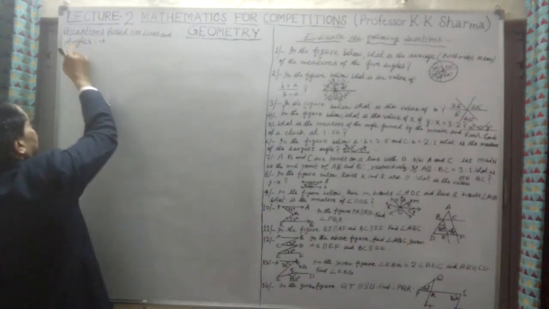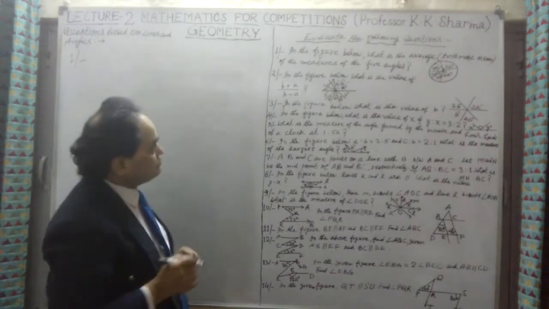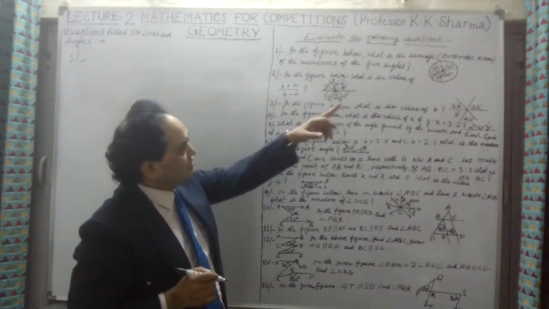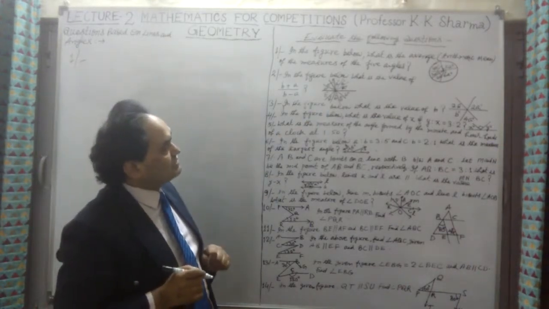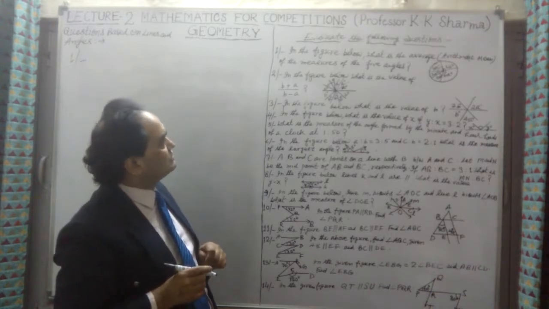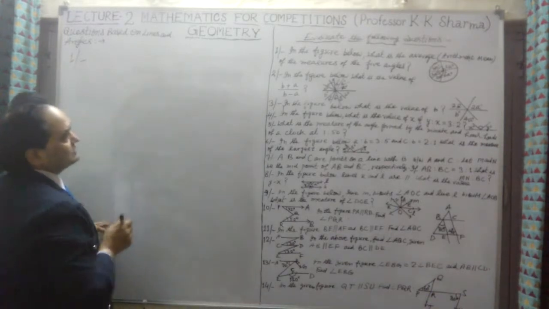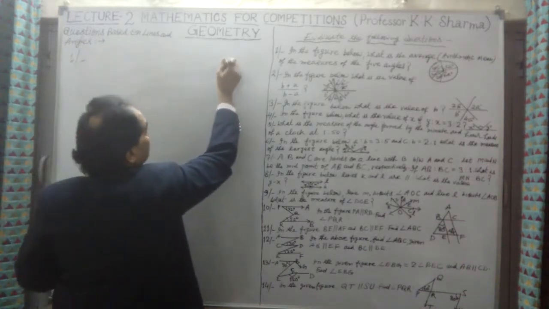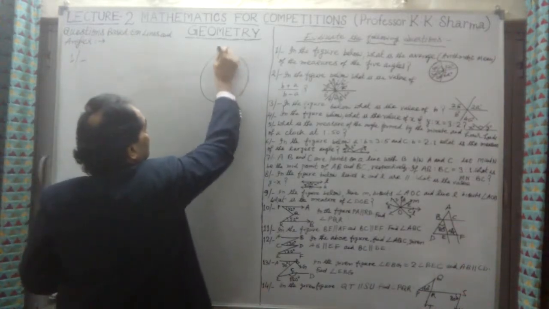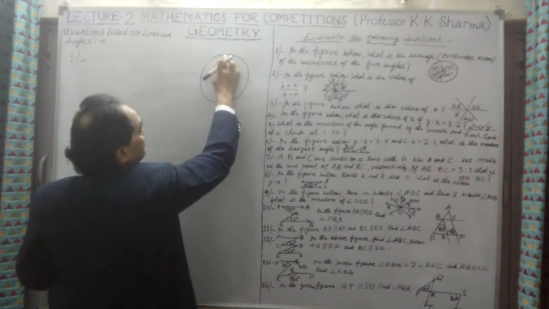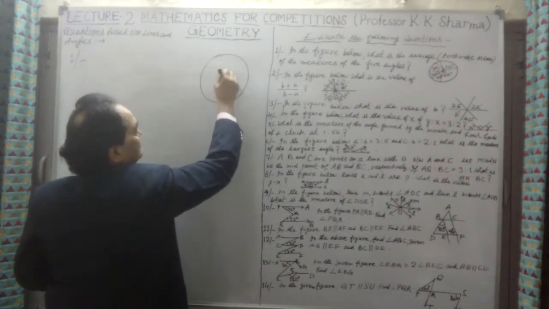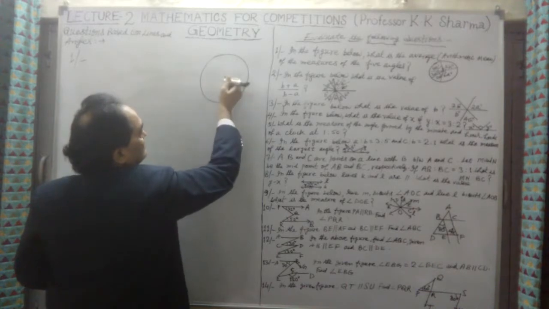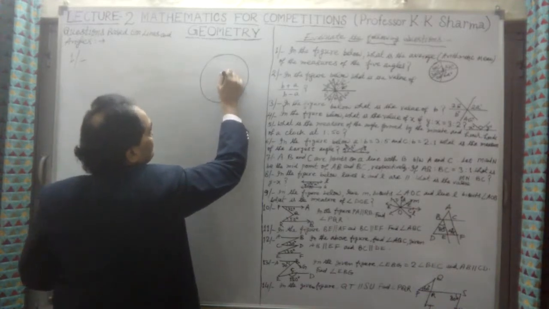Question number 1 says, in the figure below, what is the average (arithmetic mean) of the measures of the 5 angles? This is the figure here. We have one point, and upon this point there are 5 angles.